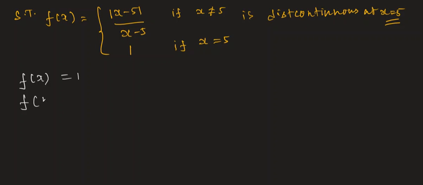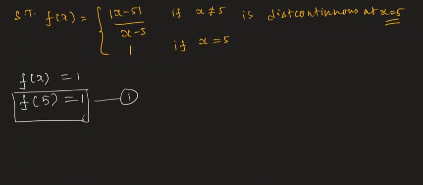Therefore, f of 5 also becomes 1 because you don't find any variable, so it is a constant function. So f of 5 is equal to 1. This is the first equation. Now we need to go for the second function, that is if x is not equal to 5. So we need to check the LHL as well as the RHL.